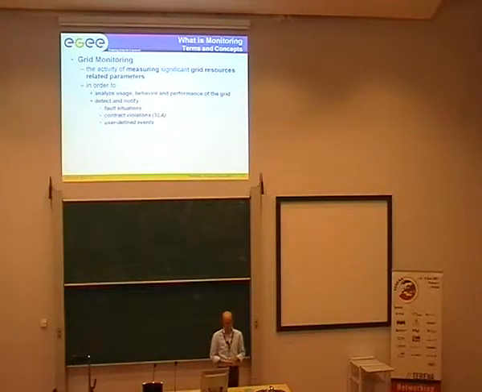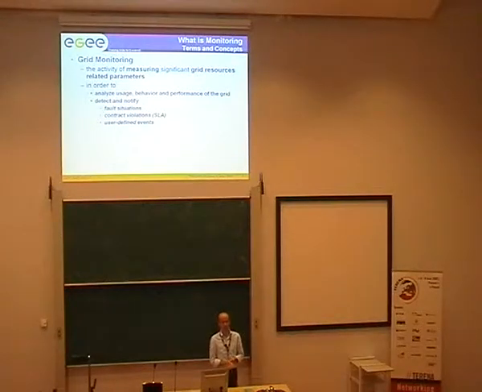Now let's move to the concept of a monitoring grid system. Monitoring is typically the activity of observing a system in order to understand if something is happening, in particular some events that we are interested in.